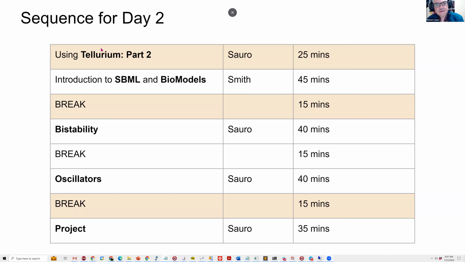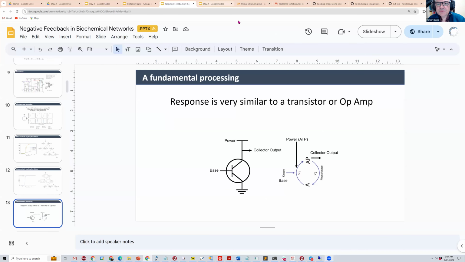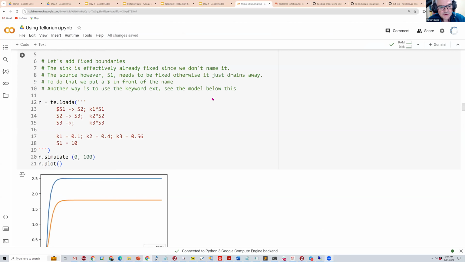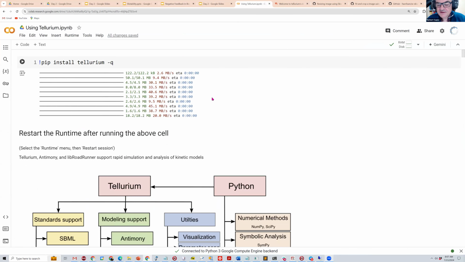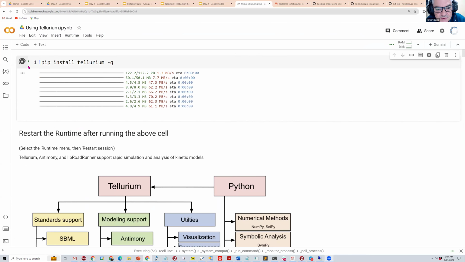Okay. Let's get out of that, and we'll go to it was this one. There you go. Okay. So let me go right to the top because, as I said, Colab tends to forget very easily, and I have to reinstall Tellurium. So that's the first thing I'm going to do. Okay, so exclamation mark pip install tellurium minus q. There it goes.